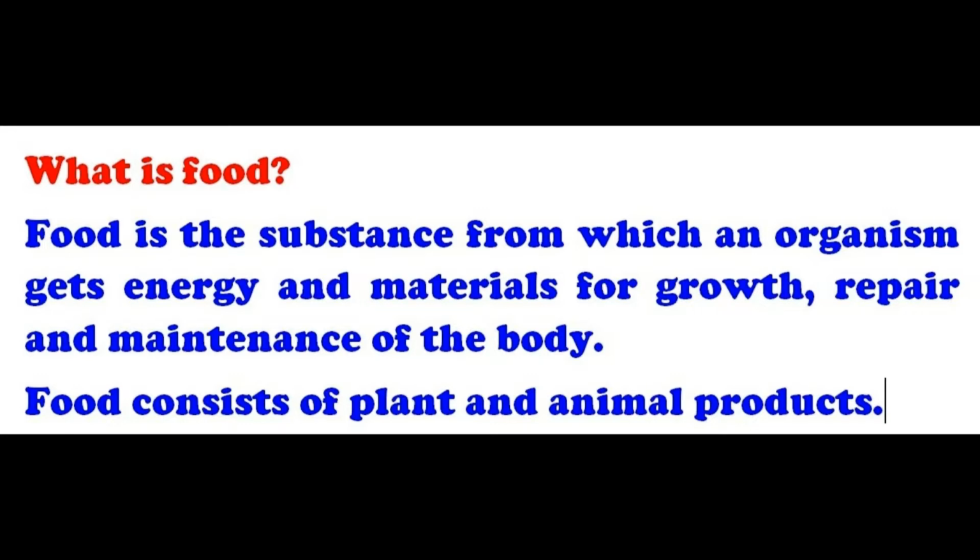What is food? Food is the substance from which an organism gets energy and materials for growth, repair and maintenance of the body. Food consists of both plant and animal products.